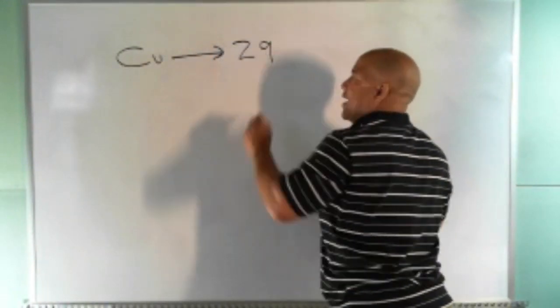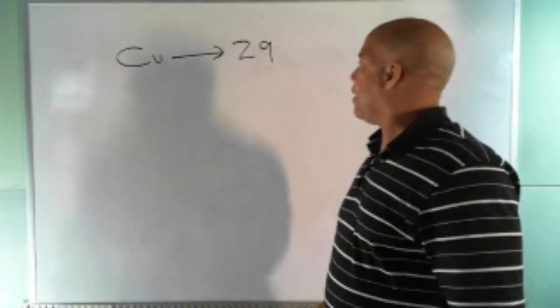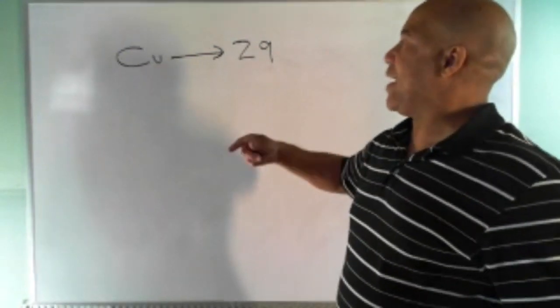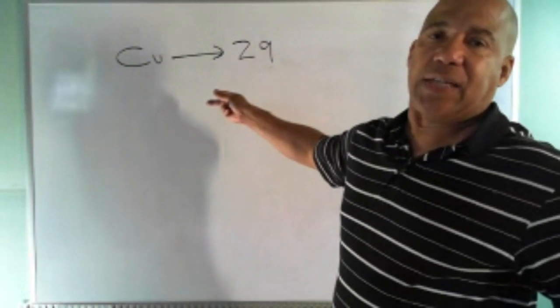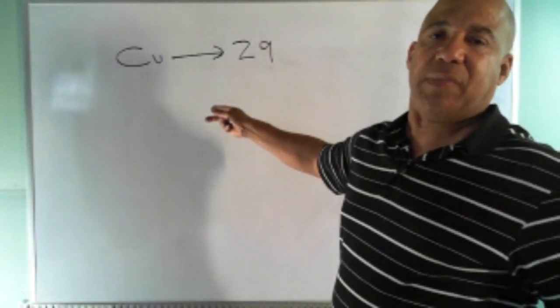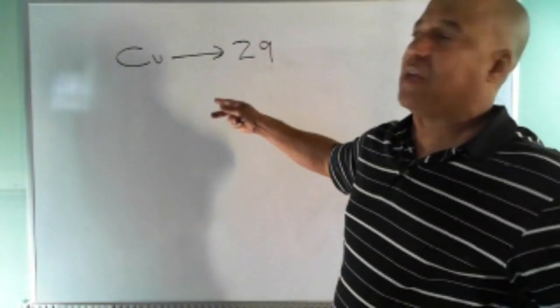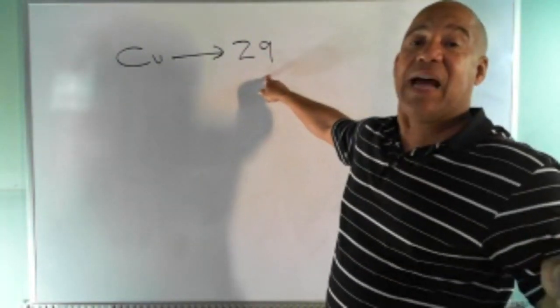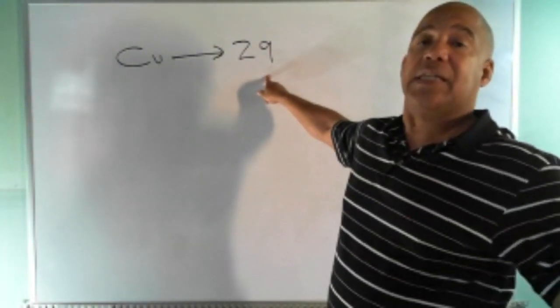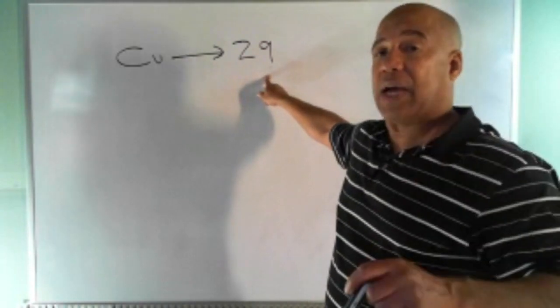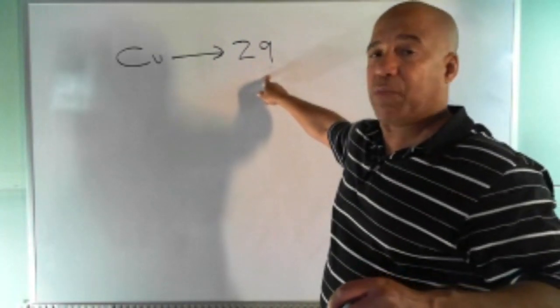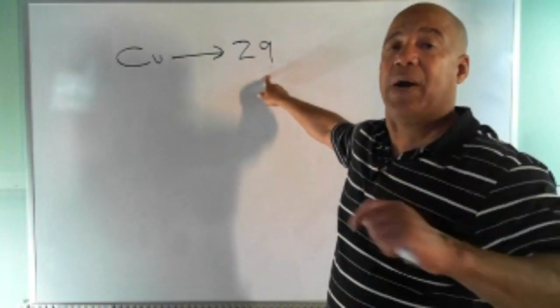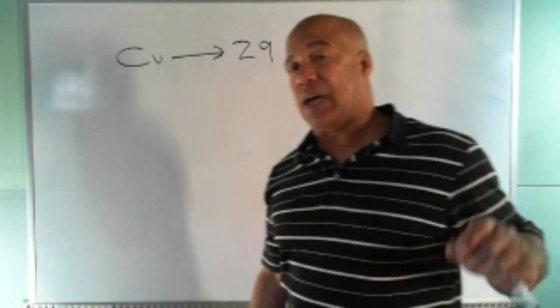So if on the quiz or homework I say, is this element argon, is it a conductor, semiconductor, or what is it? The first thing you're going to do is look up the atomic number, because it's going to tell you the number of protons. We don't need the number of protons, we need the electrons. But we're going to make an assumption.